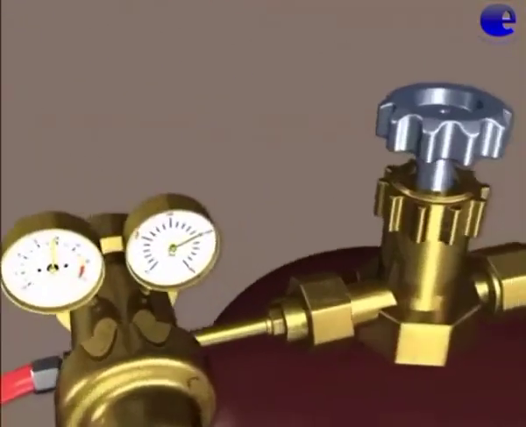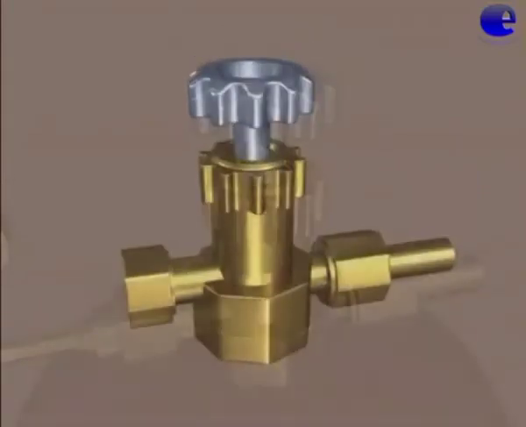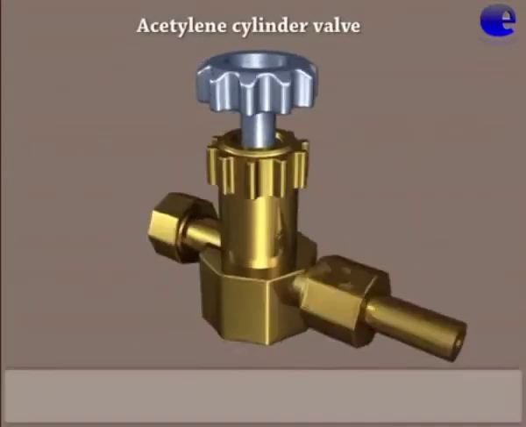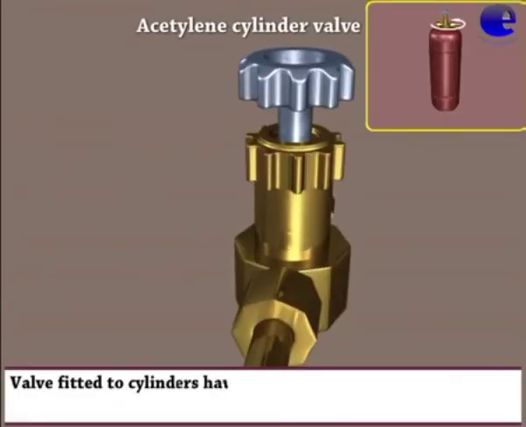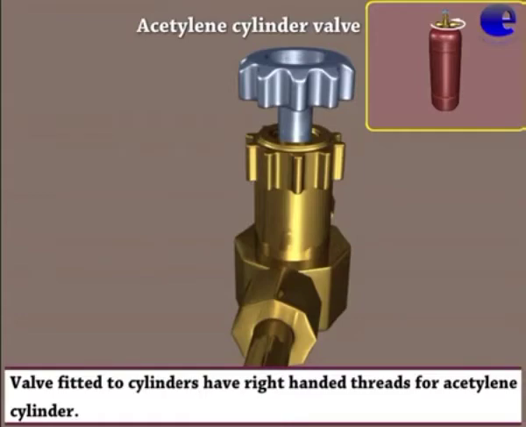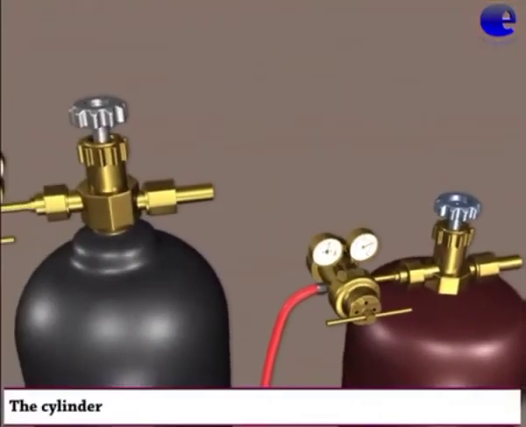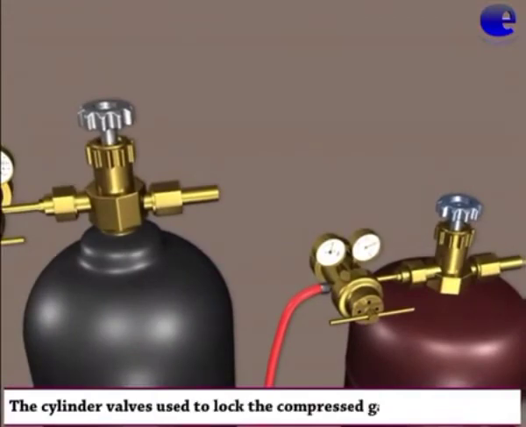Now we take a close look at the acetylene cylinder valve. Acetylene cylinder is made of steel. Valves fitted to cylinders have right-handed threads for acetylene cylinder. The cylinder valves are used to block the compressed gas in the cylinder.